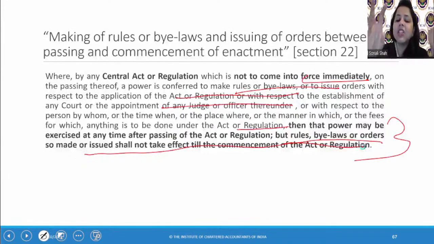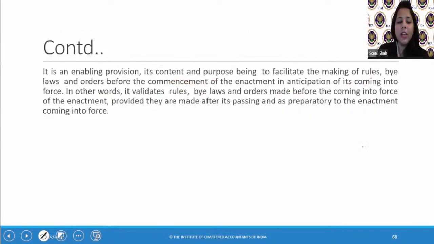In that case, if the judge is appointed, an officer is appointed, a court established, that will be deemed to be valid. Also, the regulations or rules or orders that are made for that act, even that will be valid. But those rules, bylaws or orders that have been made, they will come into force only after the enactment comes into force. This is what is provided in section 22. Is that clear?